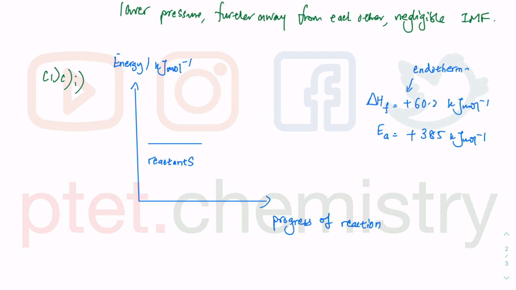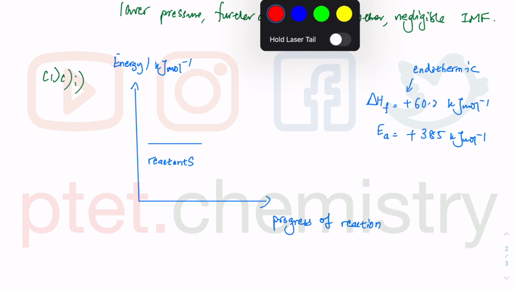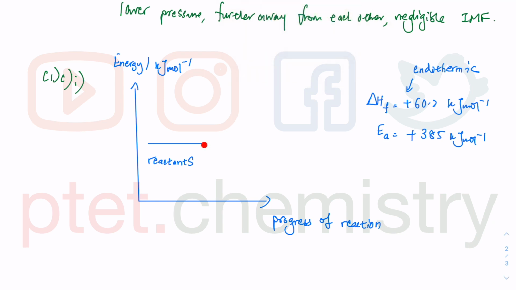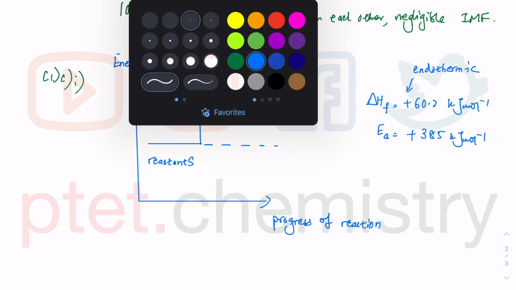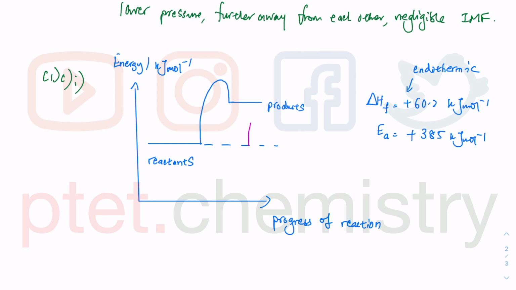An endothermic reaction means the reactants absorb energy from the surroundings such that the products will have more energy than the reactants, because the reactants absorb energy in going to the products. So what we have there is that, and then I'm going to put in some label from the start to the end, from the reactant to the product. So that is your delta H.